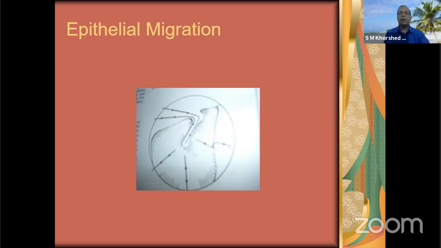There are 5 layers of skin. In every layer of skin, there are 4 to 5 layers of cells. It takes almost 1 month for the cells to come from the basal layer, the Malpighian layer, to the surface. And continuously we are shedding, every day, 1 layer of epithelium from the stratum corneum.